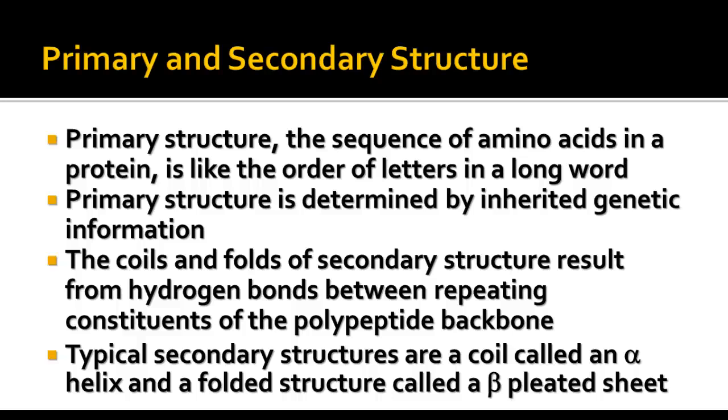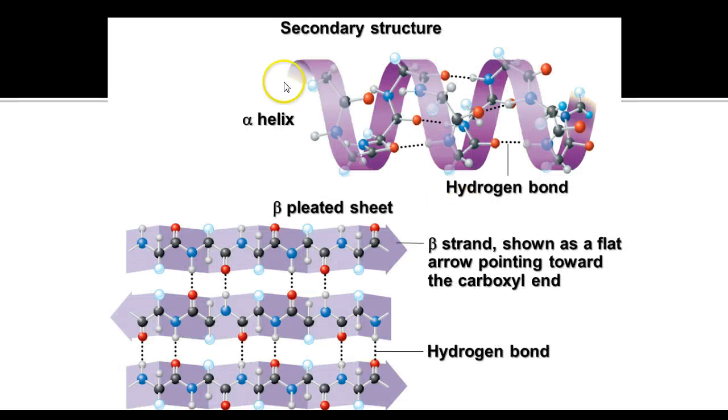The 2 kinds of secondary structure are a coiled form called an alpha helix and a folded structure called a beta pleated sheet. The alpha helix forms because there is hydrogen bonding between the hydrogens attached to part of the chain and the oxygens that are also part of the chain.